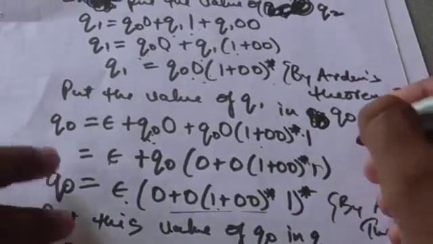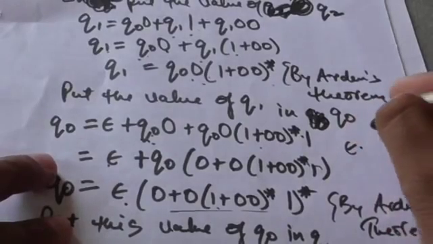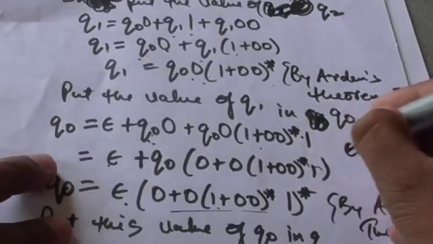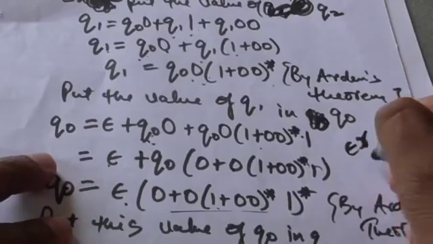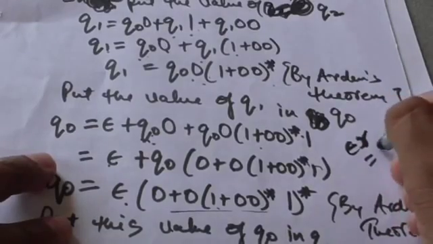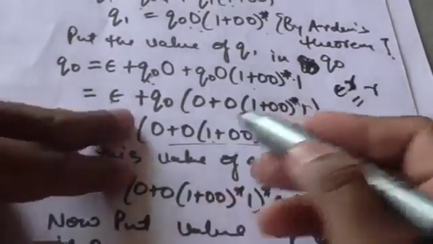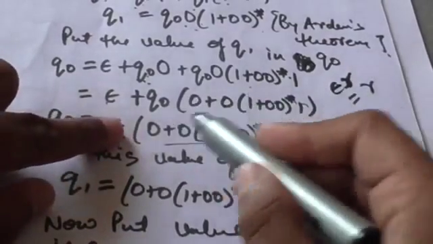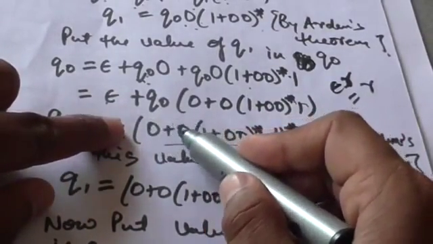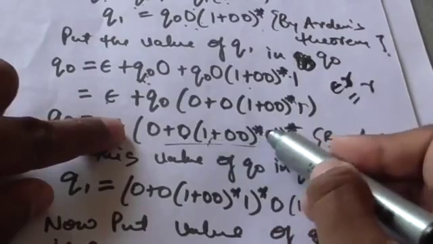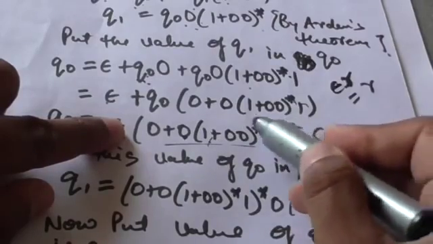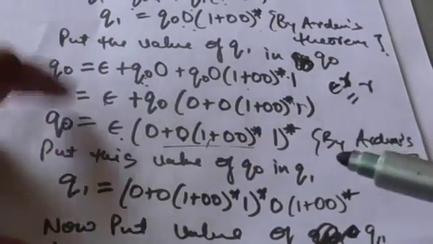Now since when the empty string is concatenated with a regular expression R, it is equivalent to the regular expression R, it will be equal to the regular expression (0 plus 0 (1 plus 00) clean 1) clean, right?